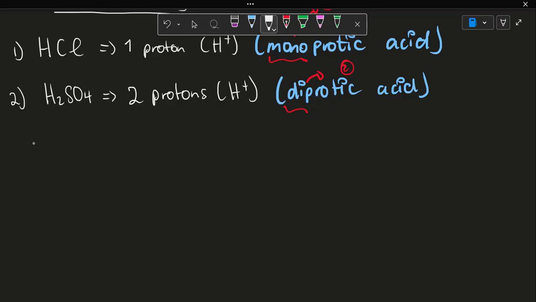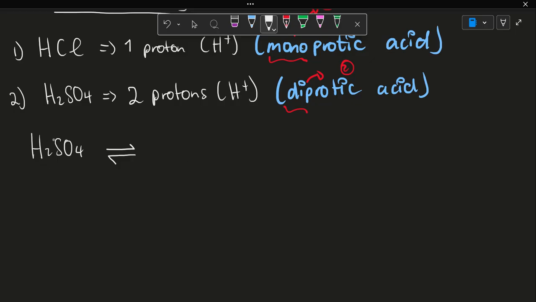Which means that with H2SO4, I am expecting H2SO4 to lose how many protons? 2 protons, right? So what we will actually do is write down the ionization of H2SO4 one hydrogen at a time, meaning we're going to start by losing one hydrogen and then lose the second hydrogen, right?